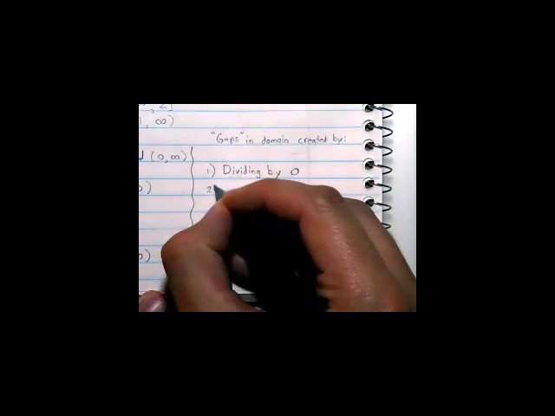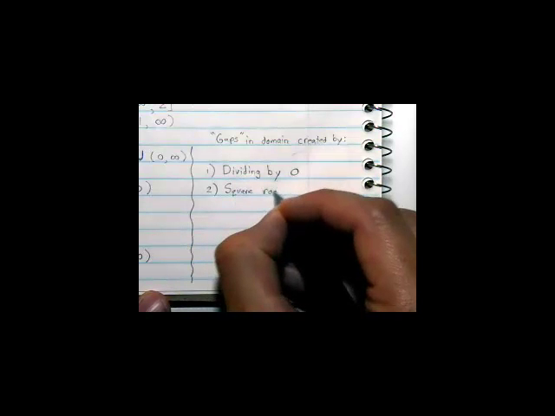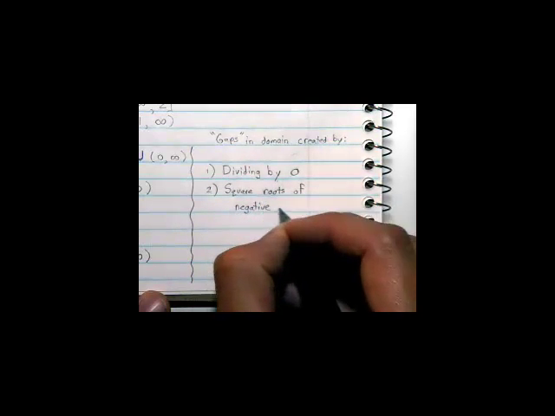Number 2, square roots of negative numbers. So if your function has a square root with x underneath it somewhere, you're going to have to work with that one. Okay, what numbers are going to make the square root have a negative underneath it?